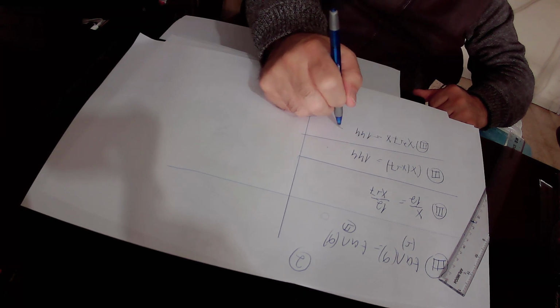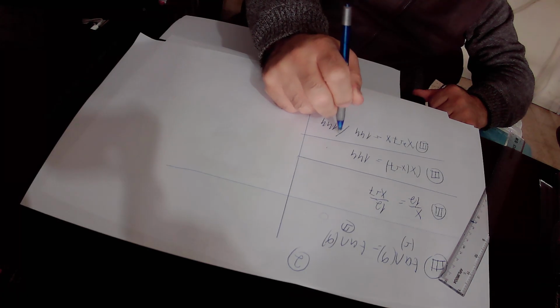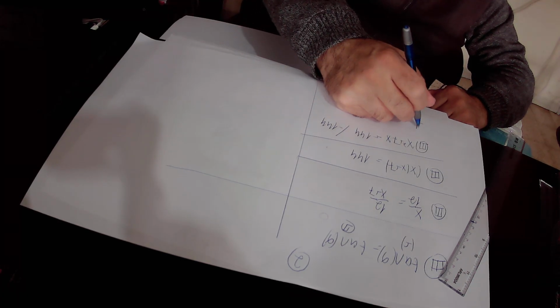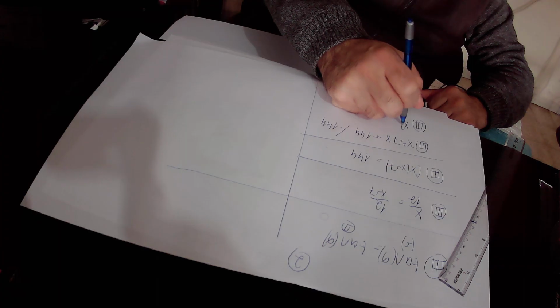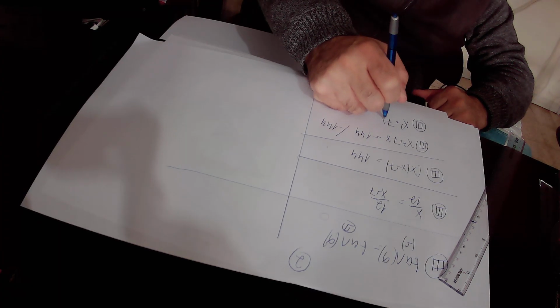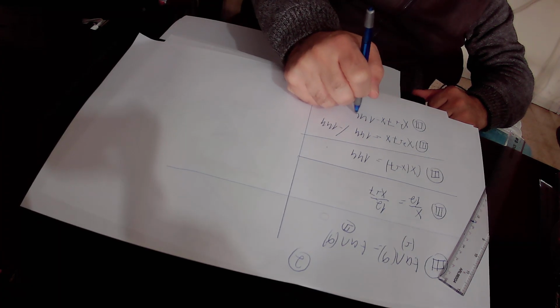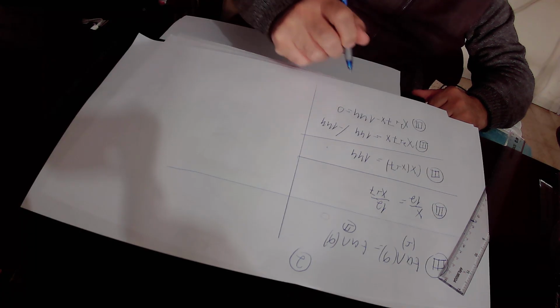We subtract 144 from the equation and we get that x squared plus 7x minus 144 is equal to 0.